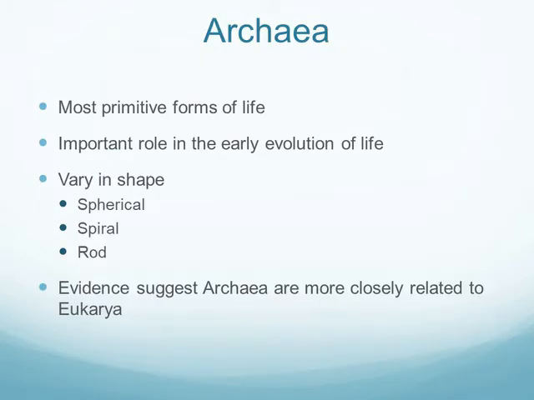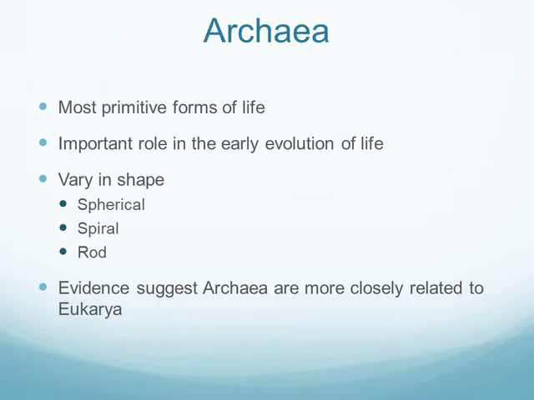These are known to be the most primitive life forms because they're only prokaryotic bacteria. And these particular guys are thought to have played a very important role in early evolution of life because these particular bacteria are also known as extremophiles.